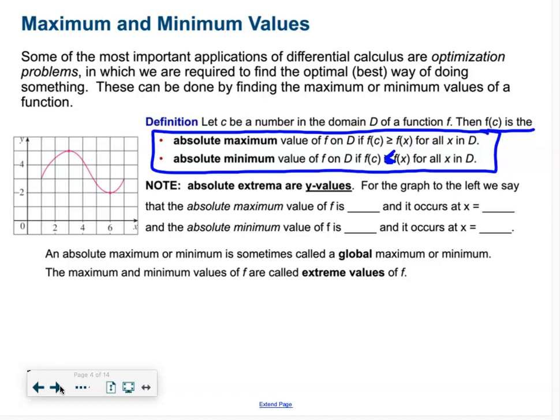So I'm just telling you, for WebAssign, you might have to put in these answers as ordered pairs, but for the College Board, if they ask you for the absolute max of a function and you put an ordered pair, you are not going to get credit for your answer.